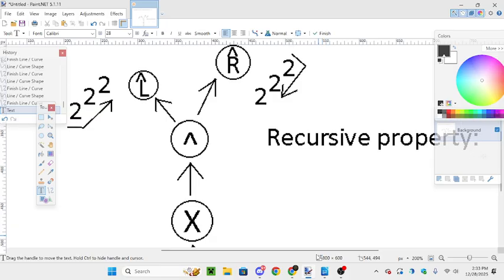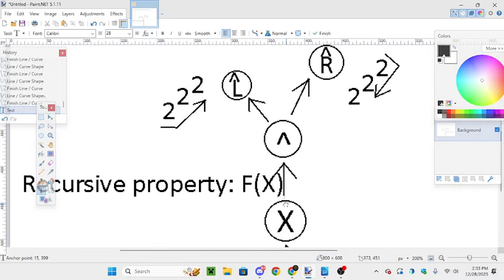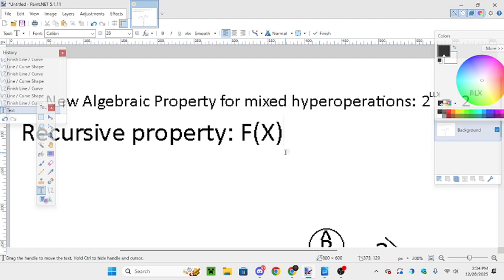All the recursive property really is, is that if you take a given function f, and it operates on x, then since these hyperoperations are ordered, it's equal to the lower operation applied to two values.